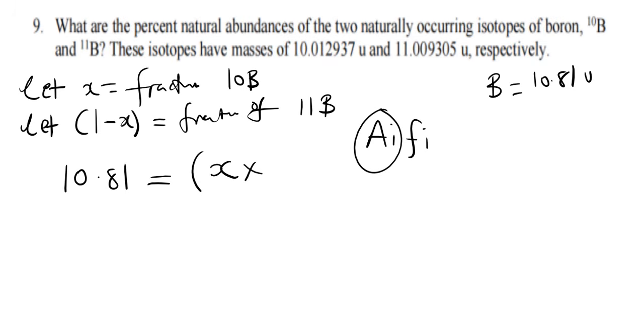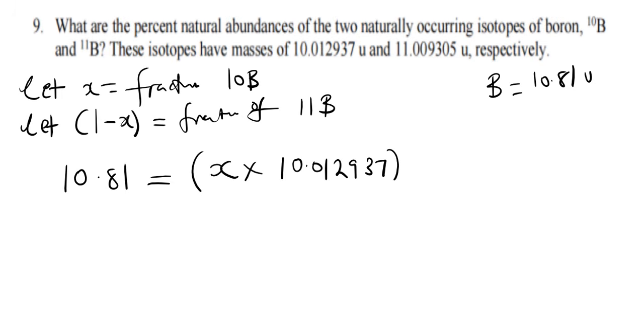Then the percentage abundance, which we're trying to find. The first one we've put as x, which is 10B, and its atomic mass is 10.012937.